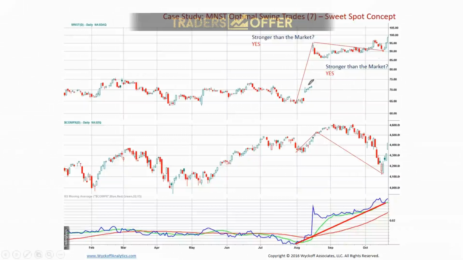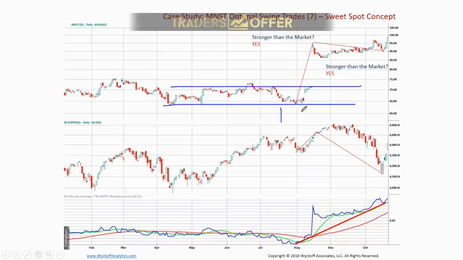So here is the market and here is the stock. Again, we would be looking for those market opportunities to establish the position. So here is the range for the stock, potential phase C. Look at the market. It gives us that opportunity to say that in this area, I would be looking for some swing trades.